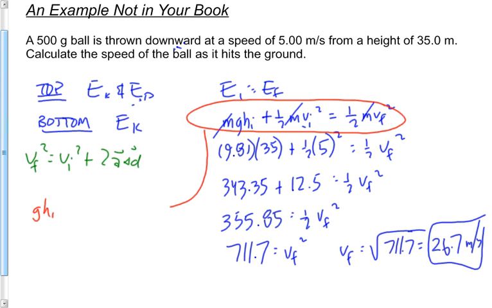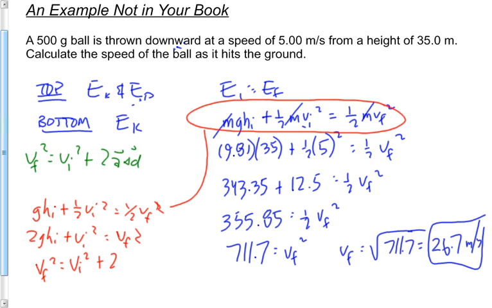Let's take this: g h_i plus 1/2 v_i squared equals 1/2 v_f squared. Let's do some things to it. Let's multiply everything by 2. See what I've done there? Now let's rearrange that a little bit. What do you end up with? v_f squared equals v_i squared plus 2gh.